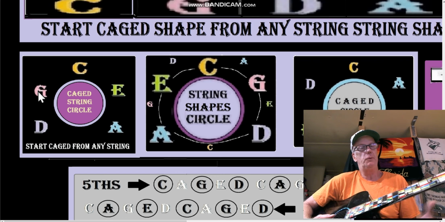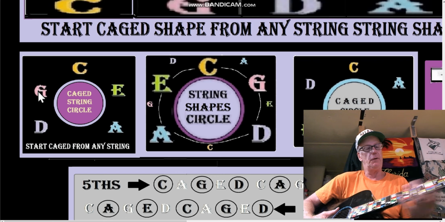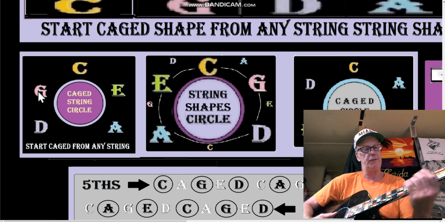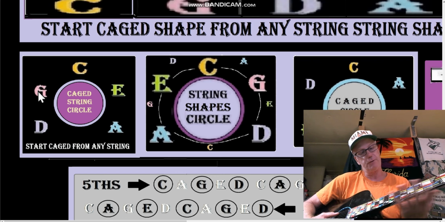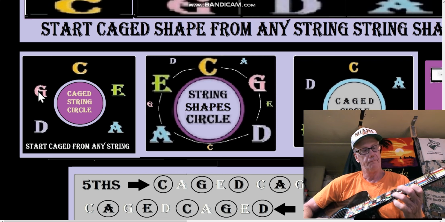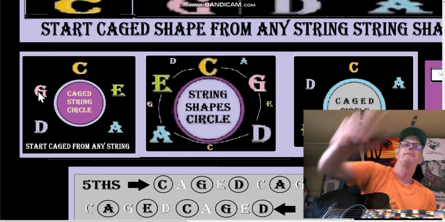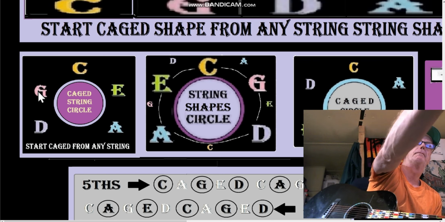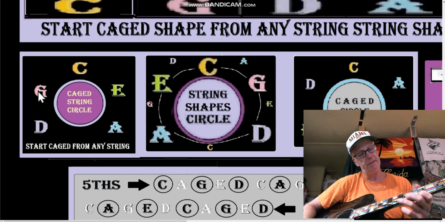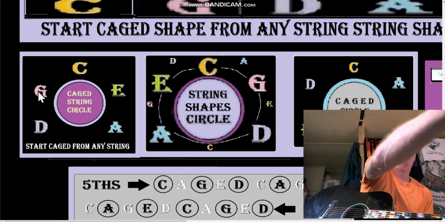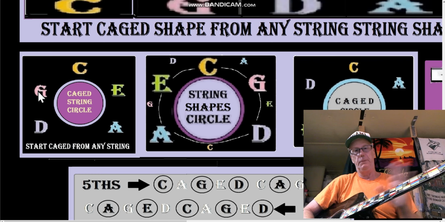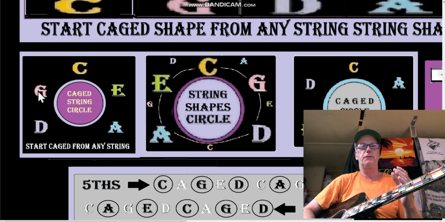With the G shape, you know that the outer note on the bottom string is the root of that shape, so it could be a G-shaped A flat. And that's the F. So it could be any shape and any key, as long as it's the G shape.